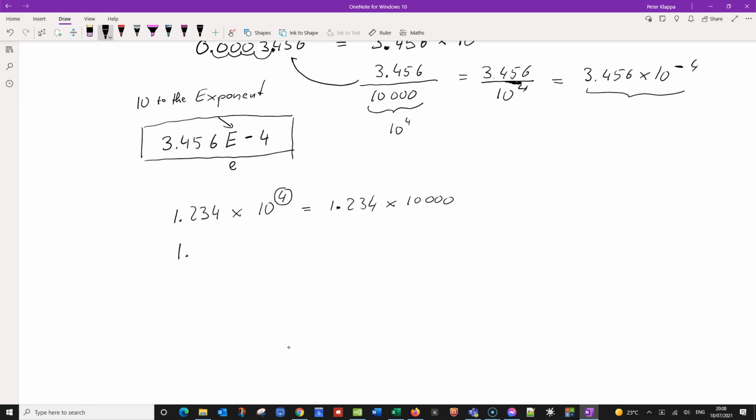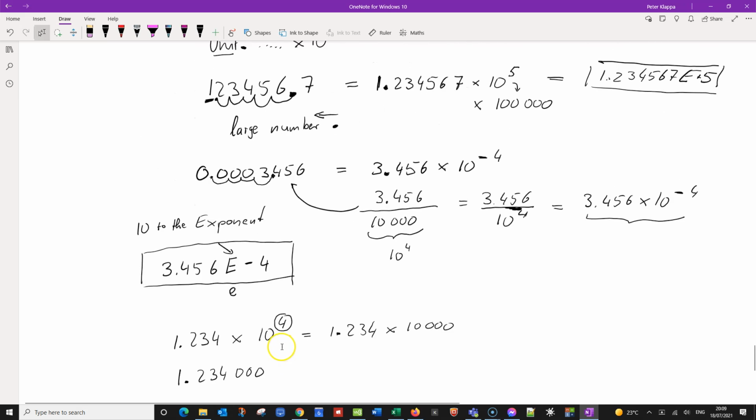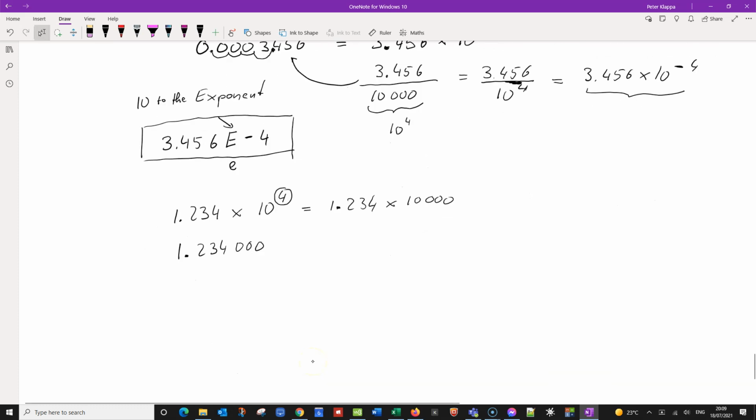So what we do is 1.234, and we can cheekily add a few zeros. Although when we discuss significant numbers, we will see that this is technically a bit of a dirty trick. But what we do now is we have the 4 here and we move them back. Remember, for large numbers where we get a positive number here, we move to the left, and if we want to convert it back, we want to move it to the right.